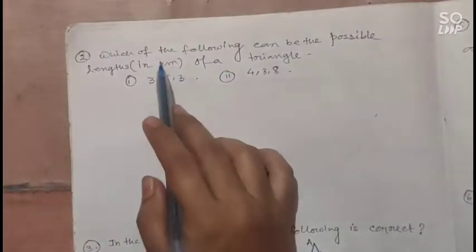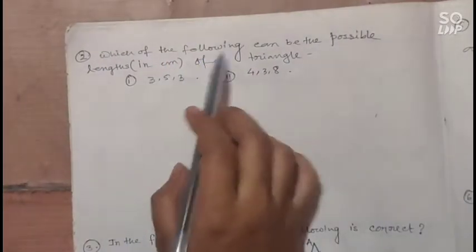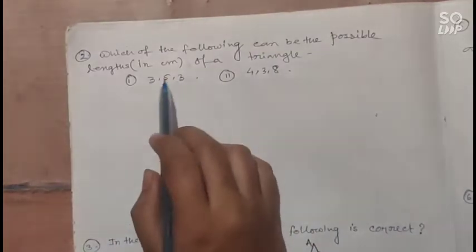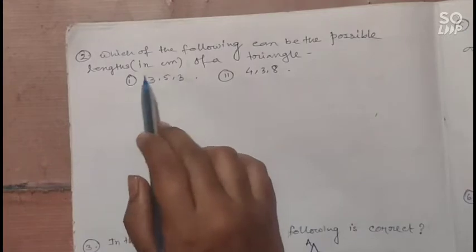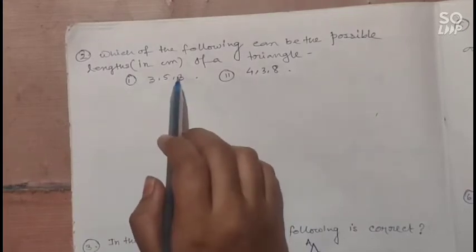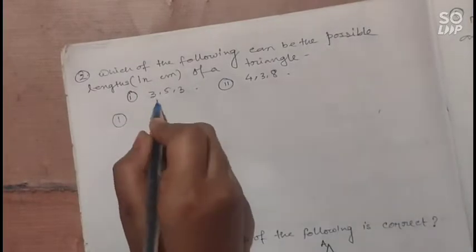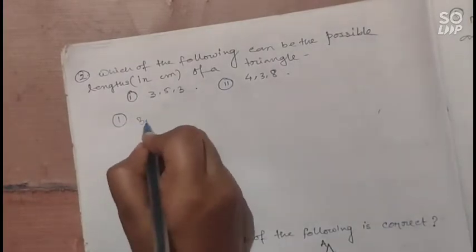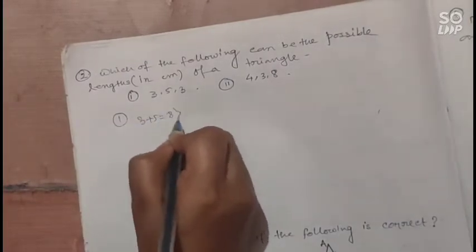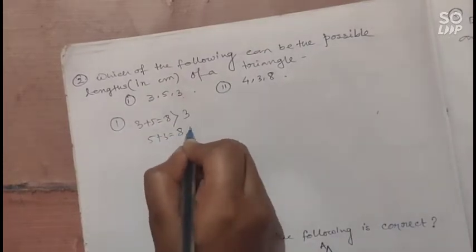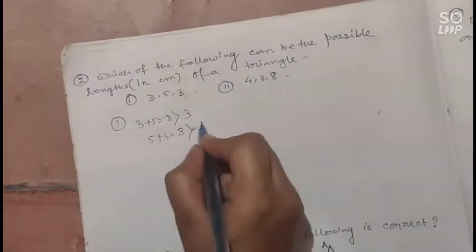Next problem. Which of the following can be the possible lengths of a triangle? So, can you draw a triangle using this length? Let's check that. So, 3 plus 5 equal to 8, which is greater than the third side. 5 plus 3 equal to 8, which is greater than the third side.